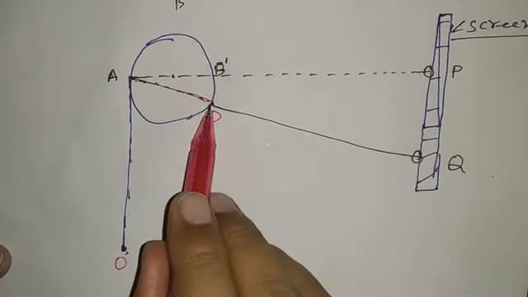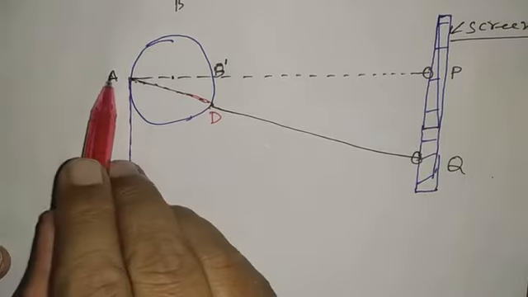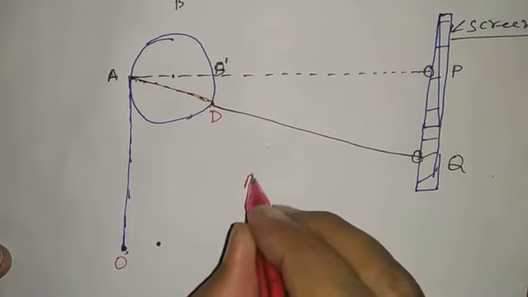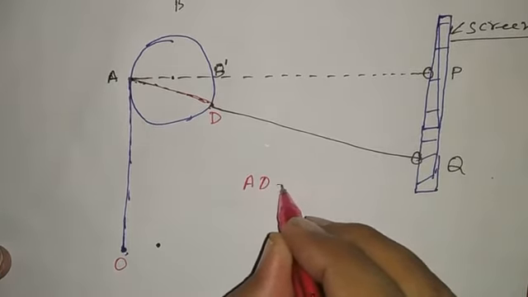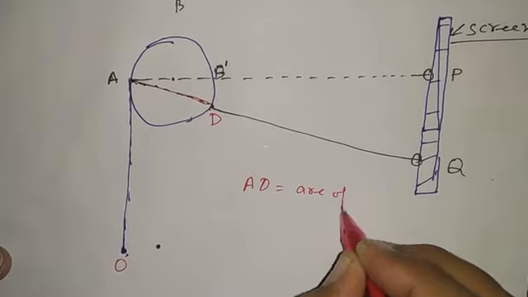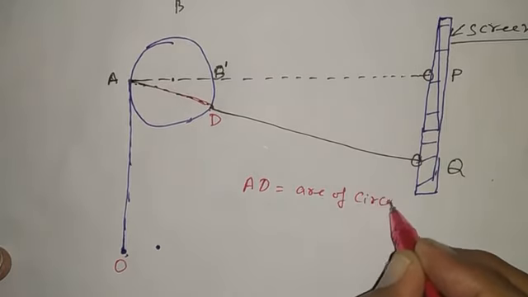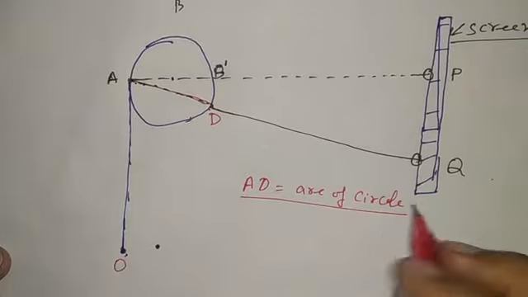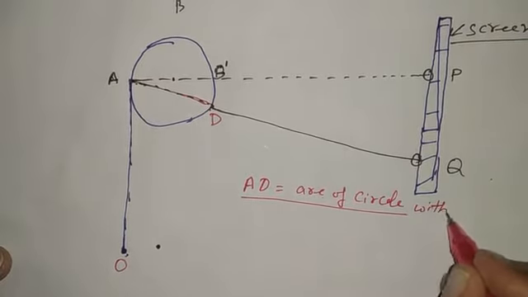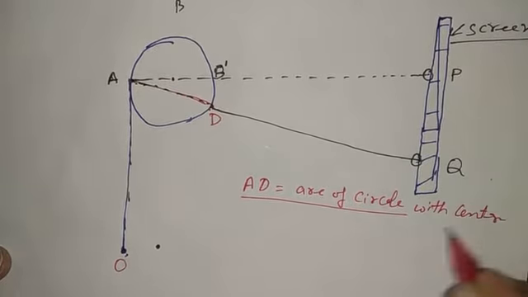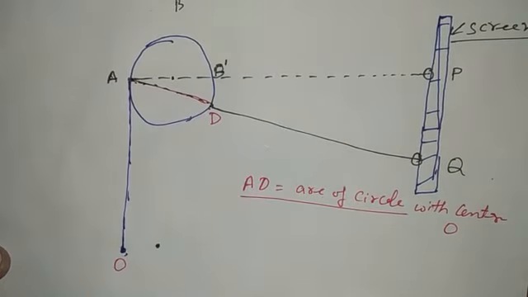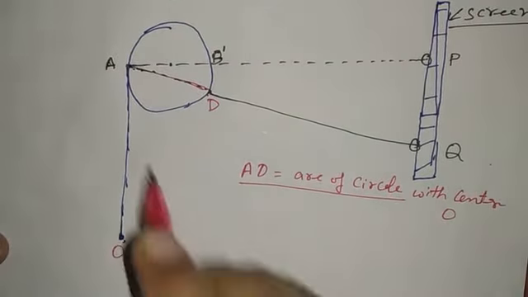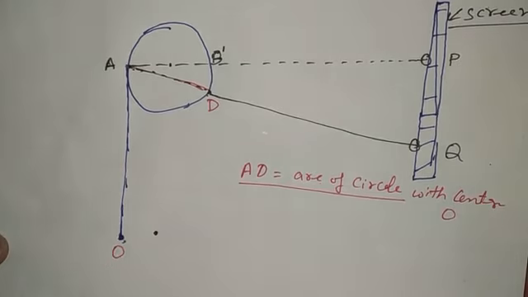Right? And thereafter you see, AD is an arc of a circle with center O. When we complete this, let it be a circle.